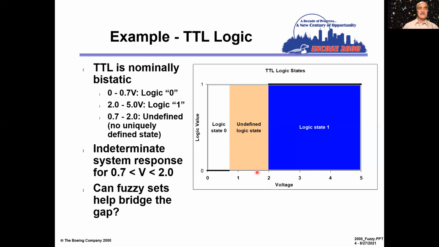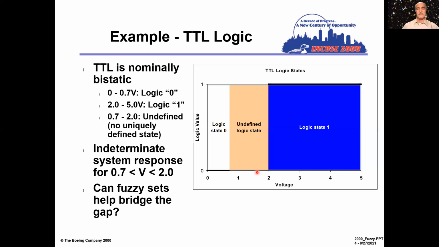So that means if for some reason a system were to receive an input in the range of 0.7 to 2 volts, it would be unclear or indeterminate what the actual output of the system would be.